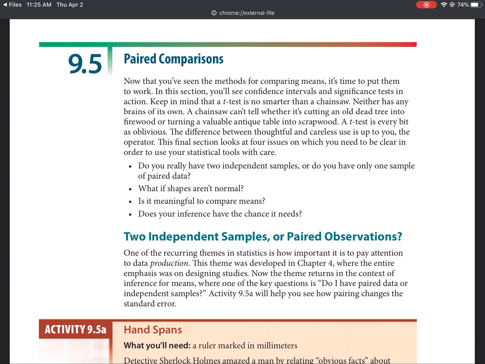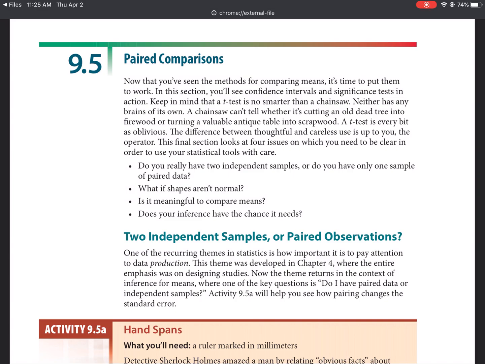One of the things we learned is that because there's so much variability just from person to person or item to item that you might be testing on, it's a good idea sometimes to come up with ways to isolate those variables and try to remove them before proceeding. In paired comparisons, what we try to do is one of two things.